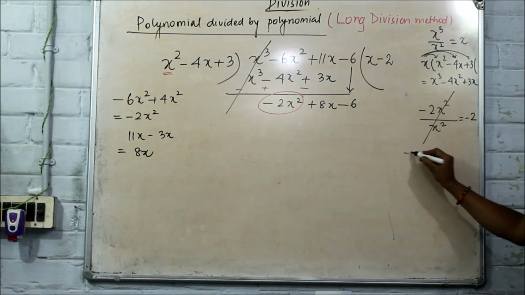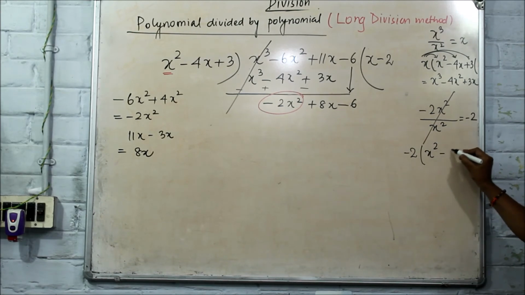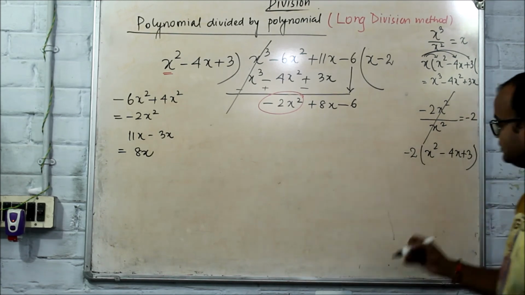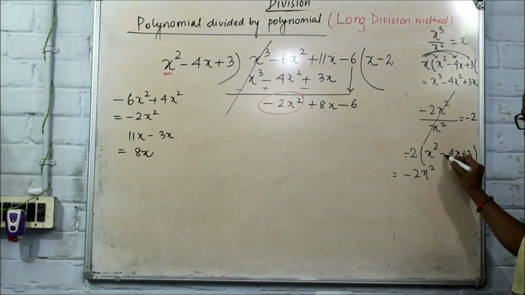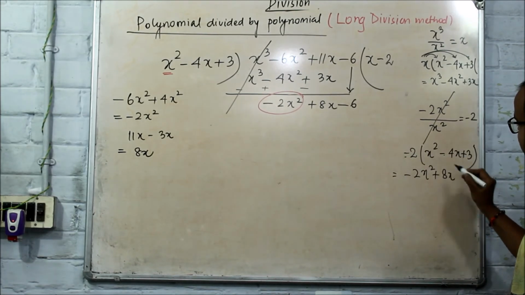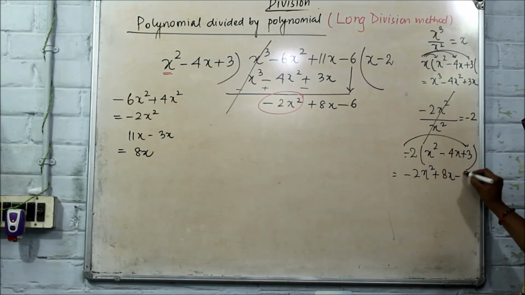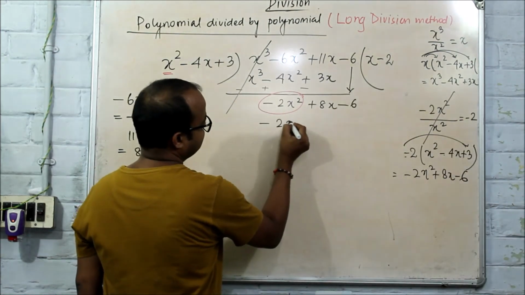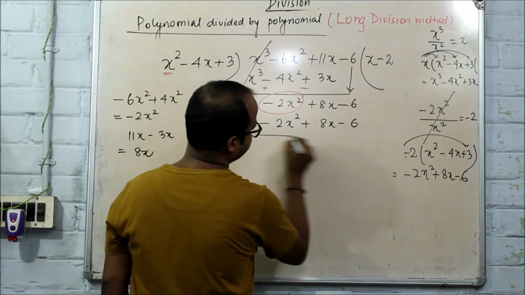Now this minus 2 will multiply with x square minus 4x plus 3. We are doing the same thing. So it will be equal to minus 2x square plus 8x minus 6.